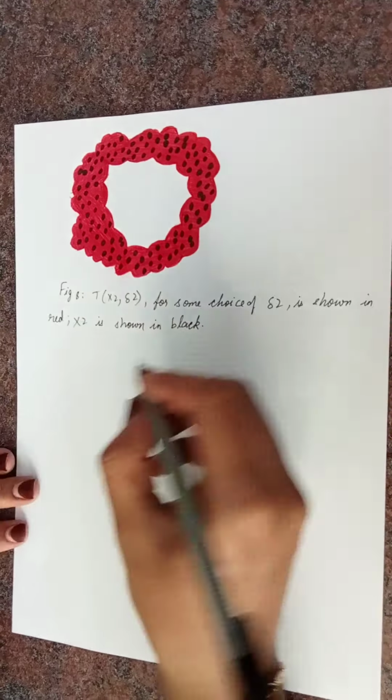For one, topological properties of T(X, delta) can depend in a very sensitive way on the choice of delta, and a priori it is not clear what the correct choice of delta should be, or if a correct choice exists at all.